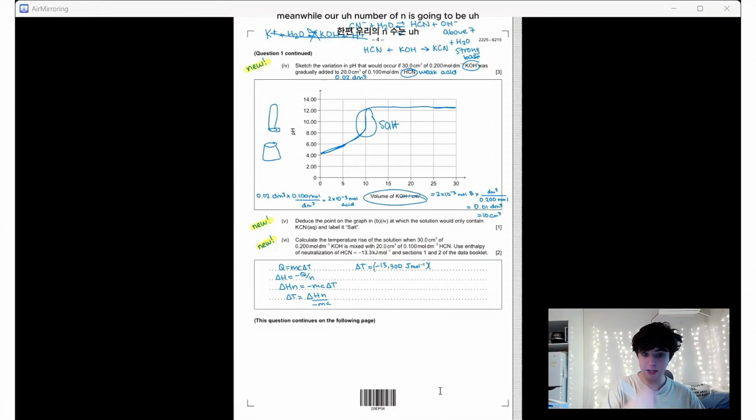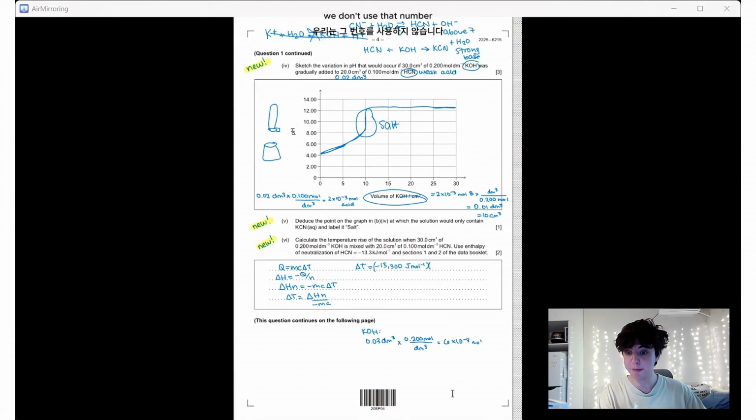Meanwhile, n is going to be based on the number of moles of your limiting reagent, so you have to calculate the number of both. For our KOH, we have 0.03 decimeters cubed from 30 centimeters cubed, and with a concentration of 0.2 mole per decimeter cubed, that gives us 6 times 10 to the negative third moles.